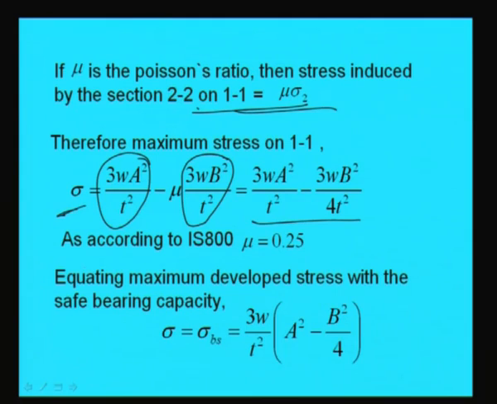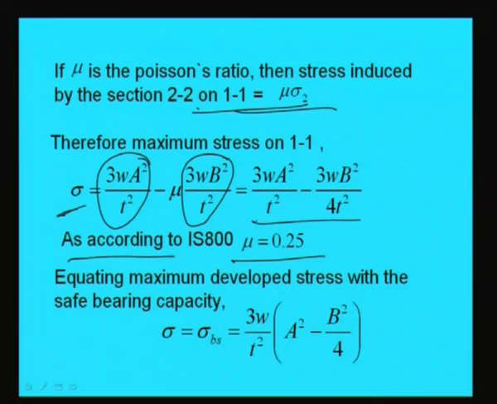Now, as per IS code, the Poisson ratio is generally taken as 0.25. So, if we put the value of 0.25 in this equation, we will get 3W a square by T square minus 3W b square by 4T square, right.